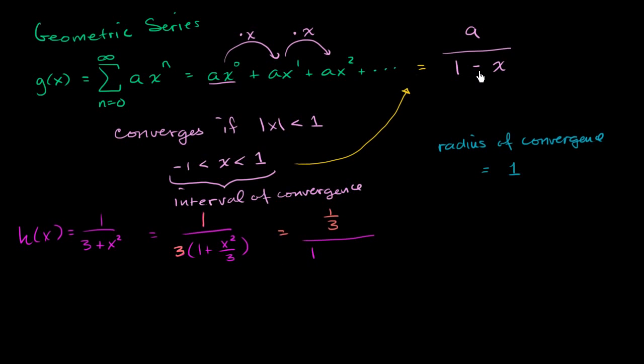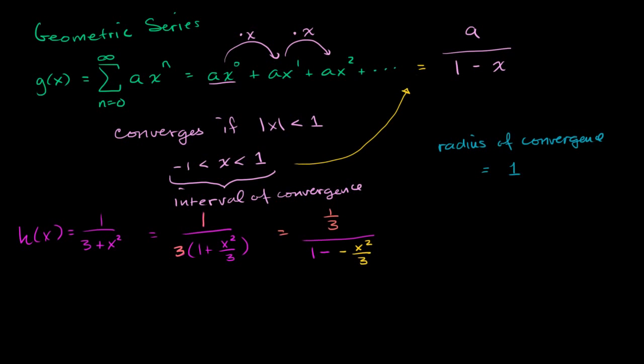And we don't want to just add something, we want to subtract our common ratio. So 1 minus, and let me write our common ratio here in yellow, 1 minus negative x squared over 3. So now we've written this in that form.